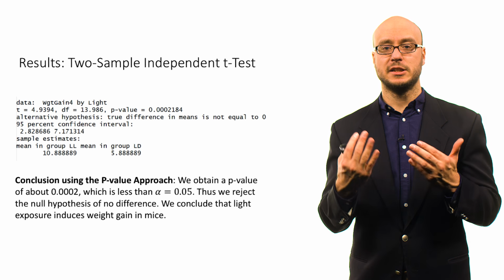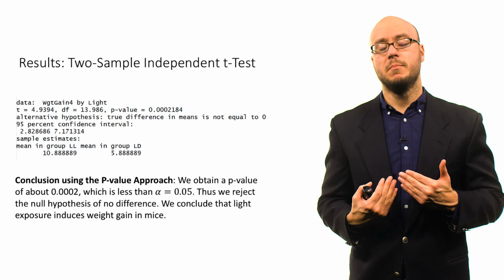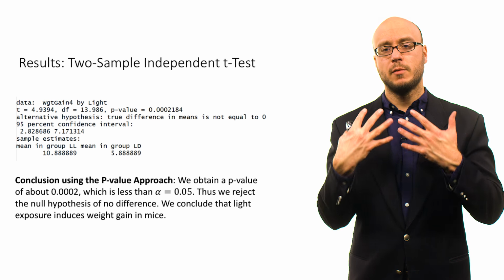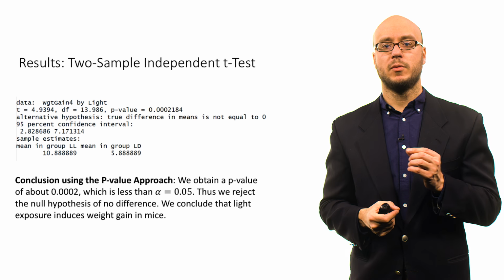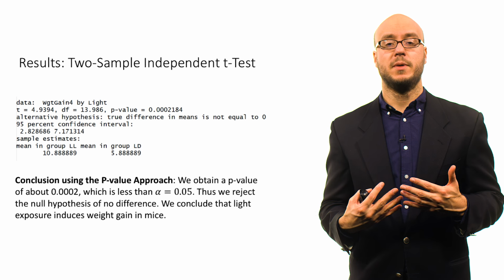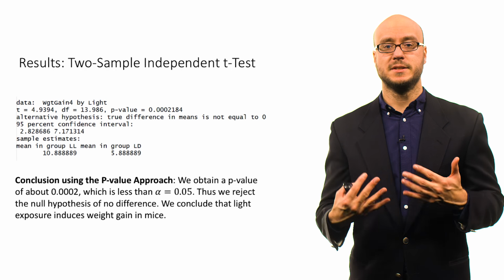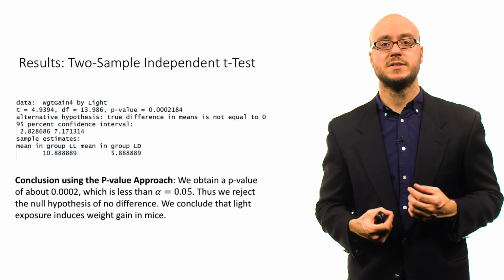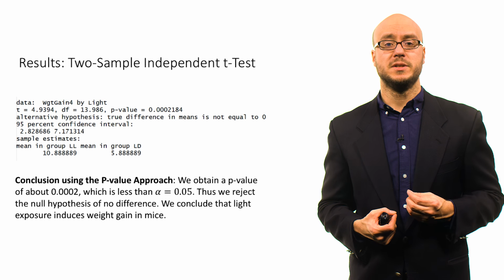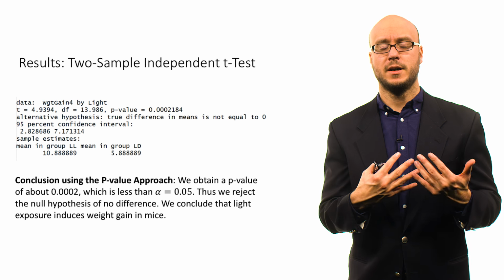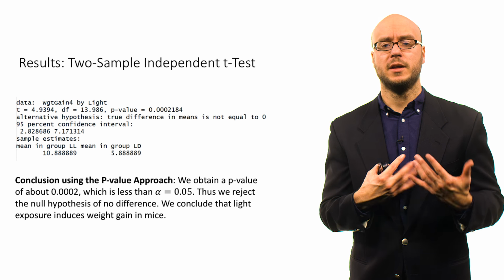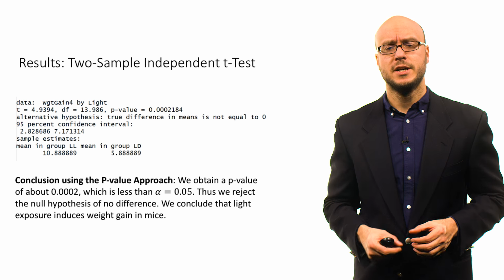It's a low p-value, and that's much lower than the benchmark of 0.05 that we're using by convention. So since that p-value is lower than 0.05, we reject the null hypothesis. The null hypothesis states that the difference of the two population means is 0. We reject that null. And that's equivalent to the conclusion that we would obtain through the critical values approach.